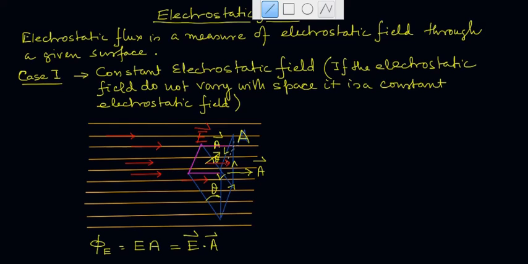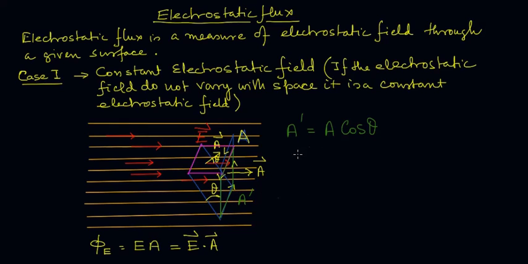So what's the projected area? The projected area will be this green one. Suppose this is A prime. So what will be A prime? Naturally it will be A cosine of theta.